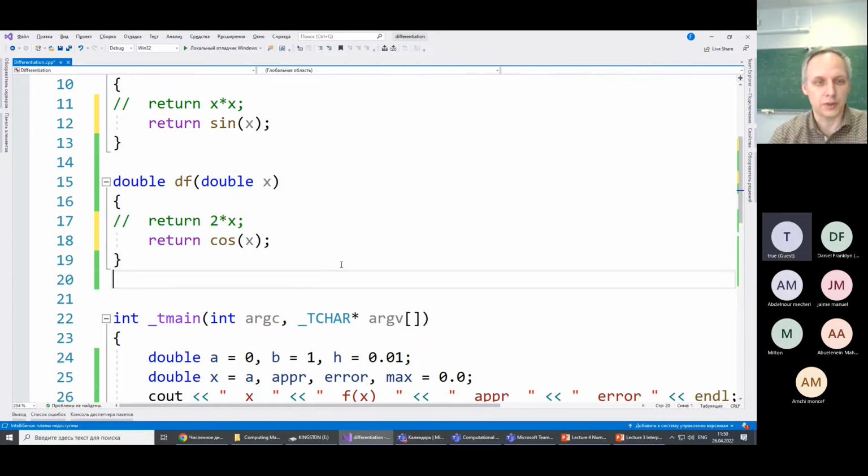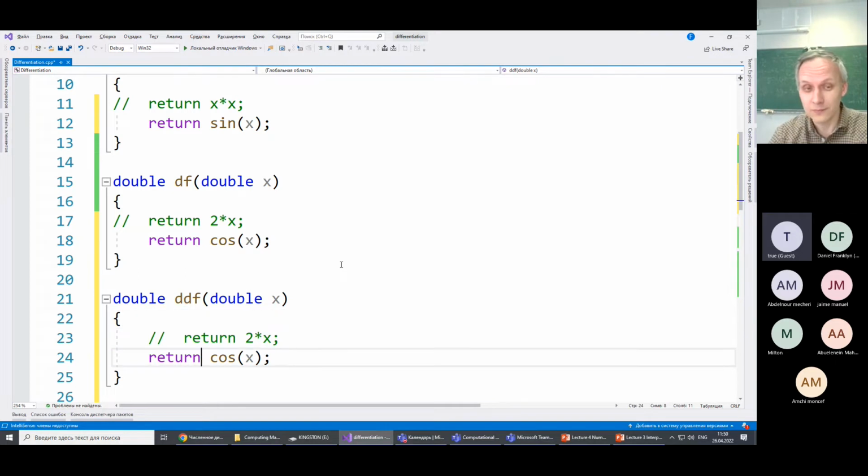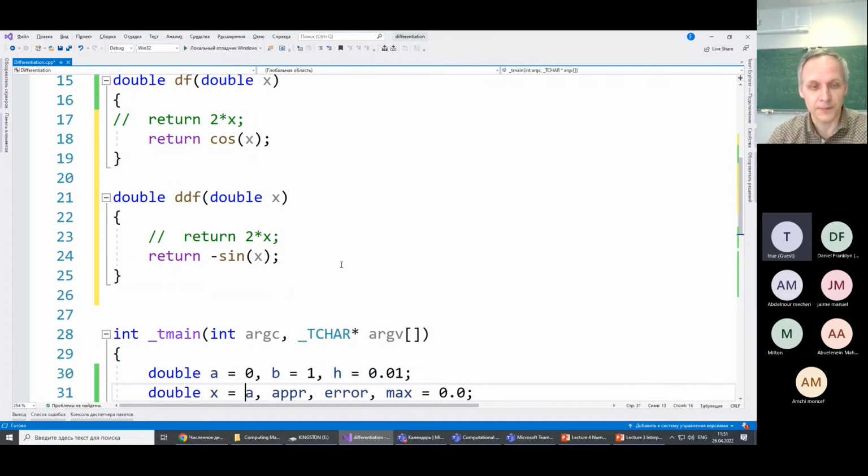Let me copy and declare one more function, ddf, the second derivative of f. What is the derivative of cosine? Sine. So the actual value is minus sine.